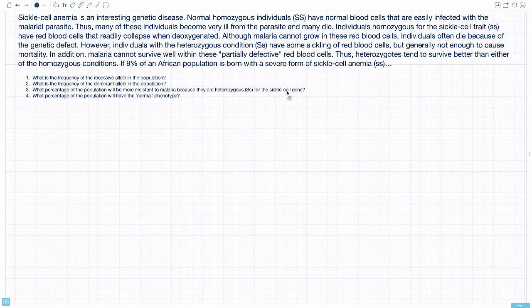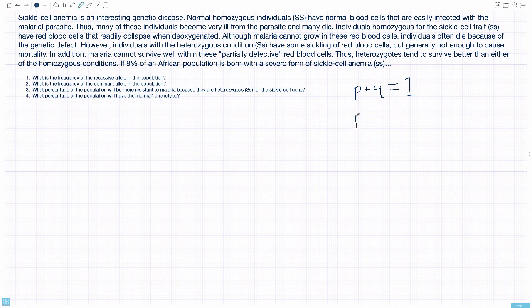Okay, but I'm getting ahead of myself here. What I'd like to do is write down the equations that we have to work with. Okay, so the first one, you'll recall, is for calculating allele frequencies, and it says P plus Q equals 1. The frequency of the dominant allele plus the frequency of the recessive allele is equal to 1.